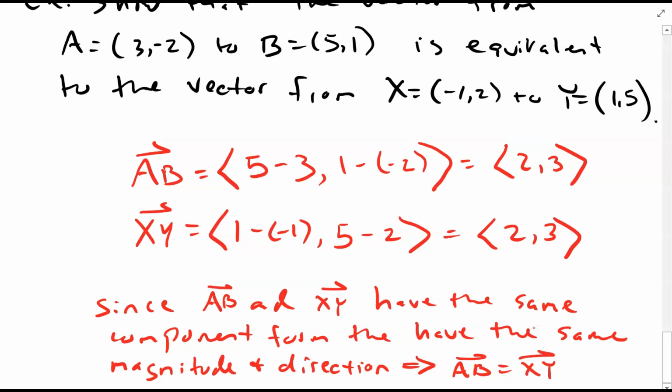So since these two vectors have the same component form, they have the same magnitude and direction, and that implies then that they are equal.